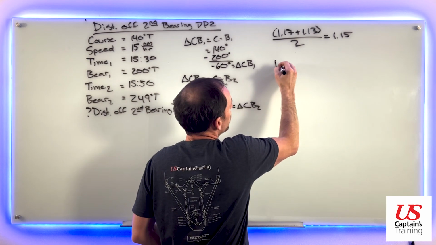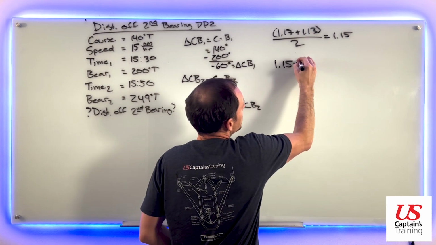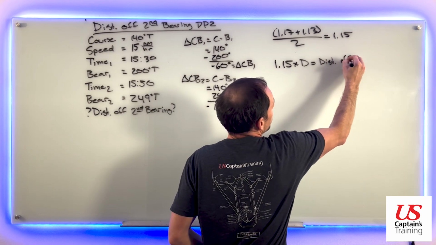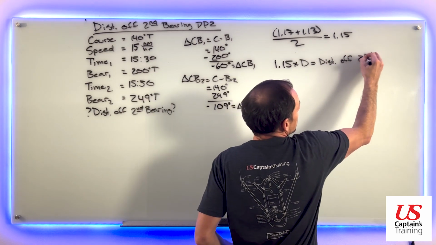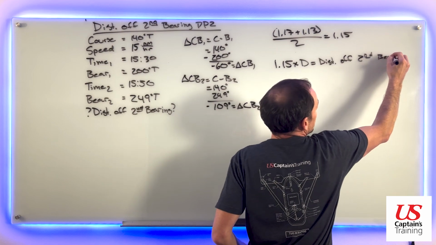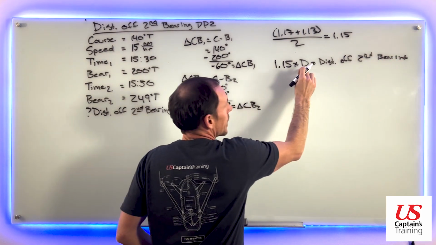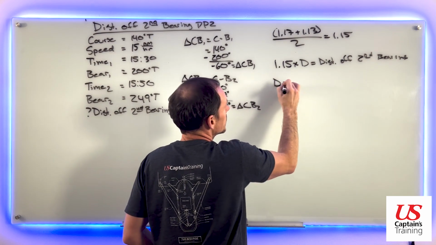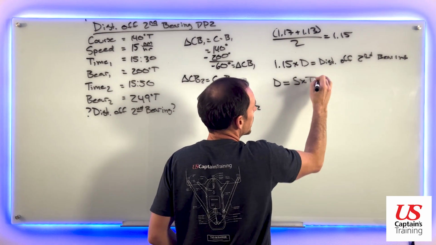So we say 1.15 times distance equals our distance off of the second bearing. Distance. How do we get distance? What is distance? Distance equals speed times time.